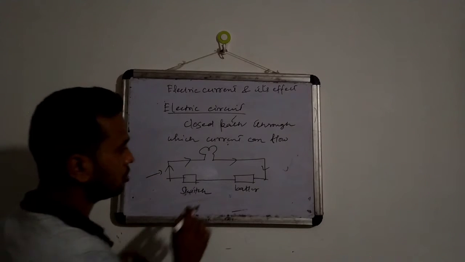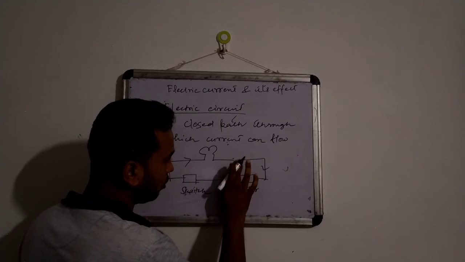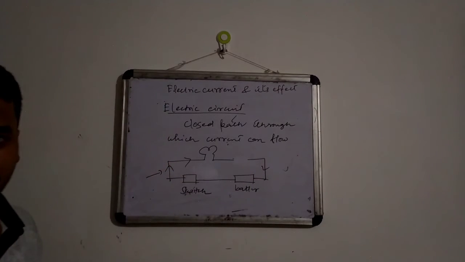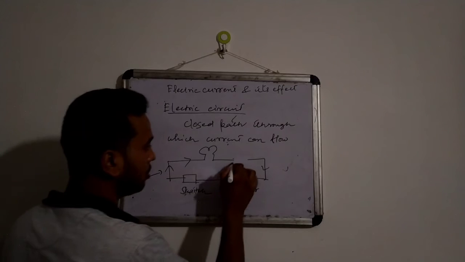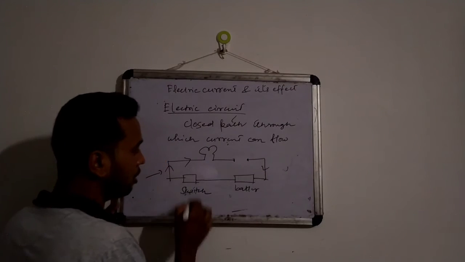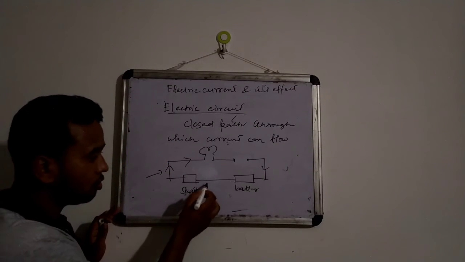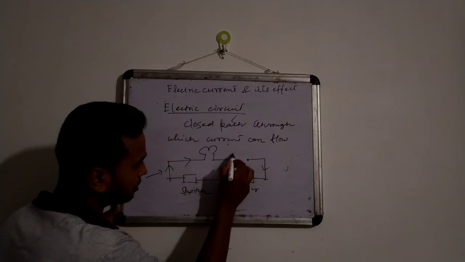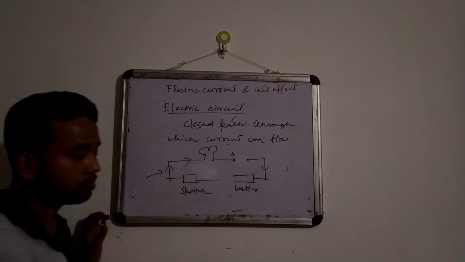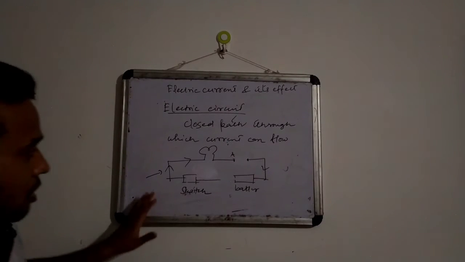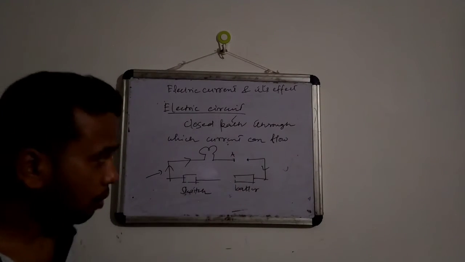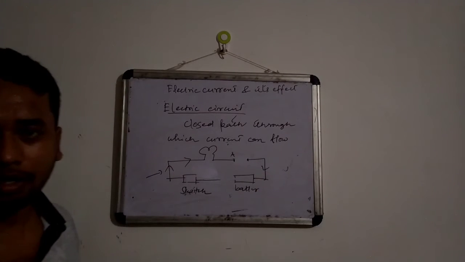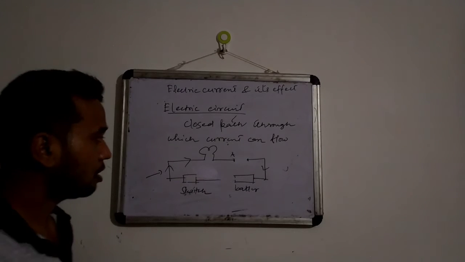Now suppose this breaks down here. So what is a break? Okay. Now current will flow through this circuit and reach this point. Suppose it is A. Okay, current will reach the point A, but in this portion there is nothing.